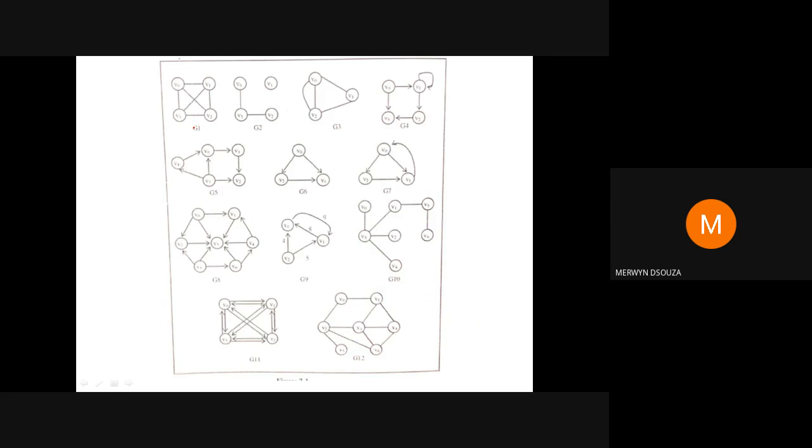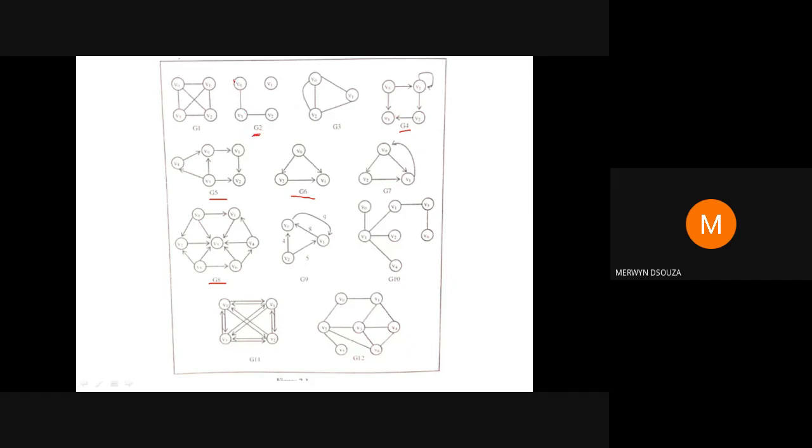An acyclic graph is a graph with no cycles. The examples are G2, G4, G5, G6 and G8. There are no cycles in these graphs; it is not possible to go back to the starting node.